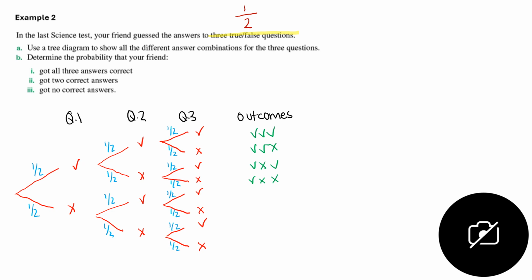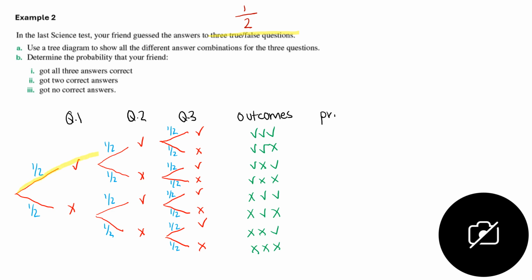My next ones that I have here are a cross, tick, tick, a cross, tick, cross, a cross, cross, tick, and cross, cross, cross. Now, because these are all evenly distributed, the probability for all of these is going to be 1/8. The way that I got that number is, remember, let's follow that line just so we can see it.